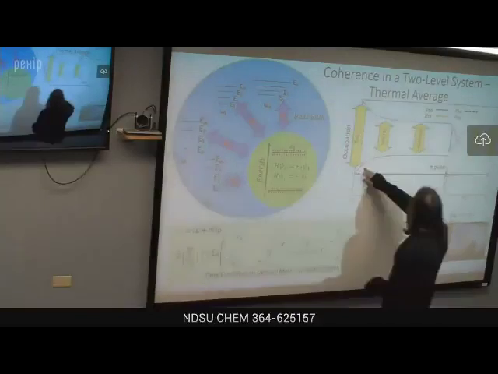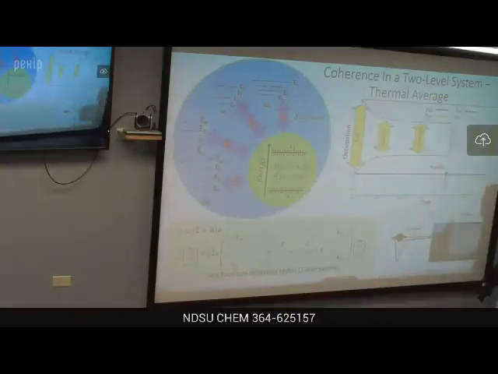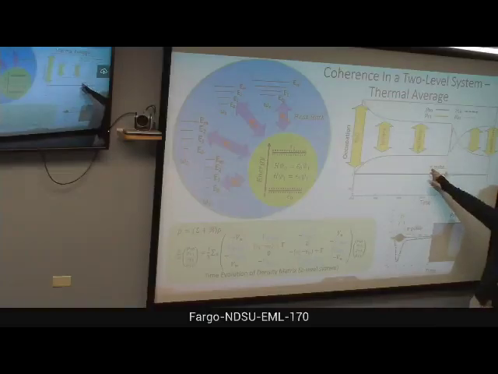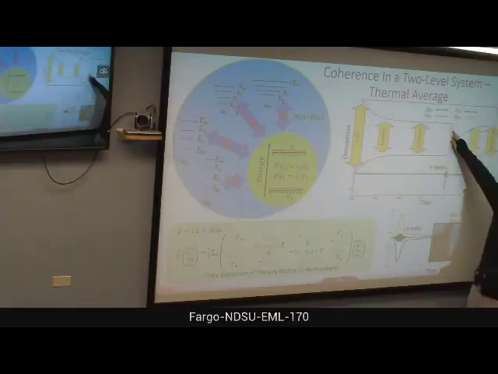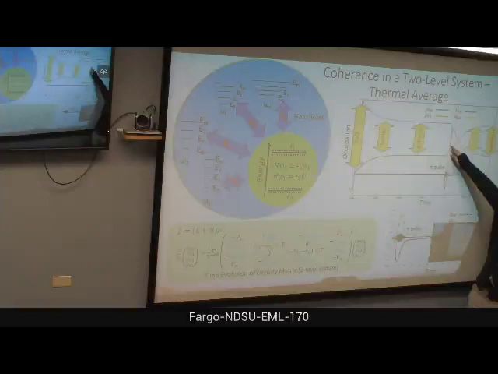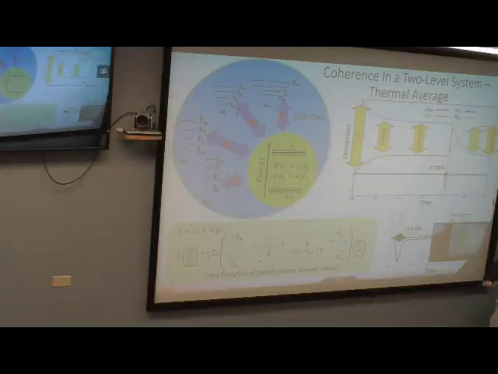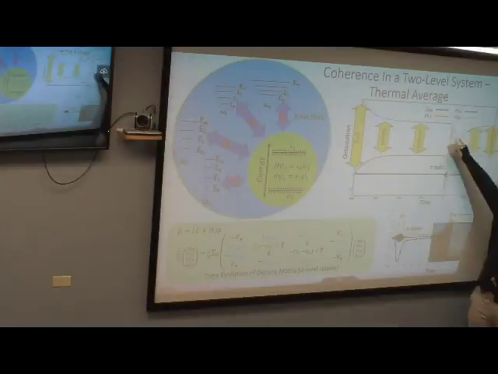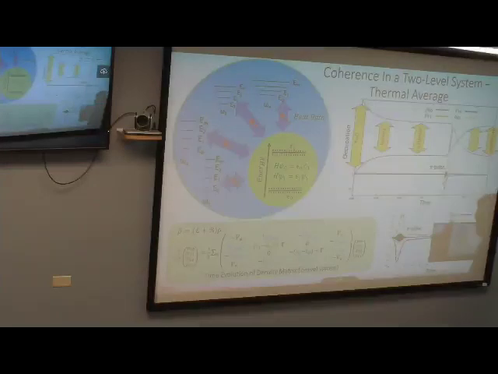So the two systems come into thermal equilibrium, and then we apply an optical pulse to try to invert the system. So you have a population inversion for a short amount of time, but then due to thermalization, these states will come back to their thermal equilibrium. So that's how the populations change.